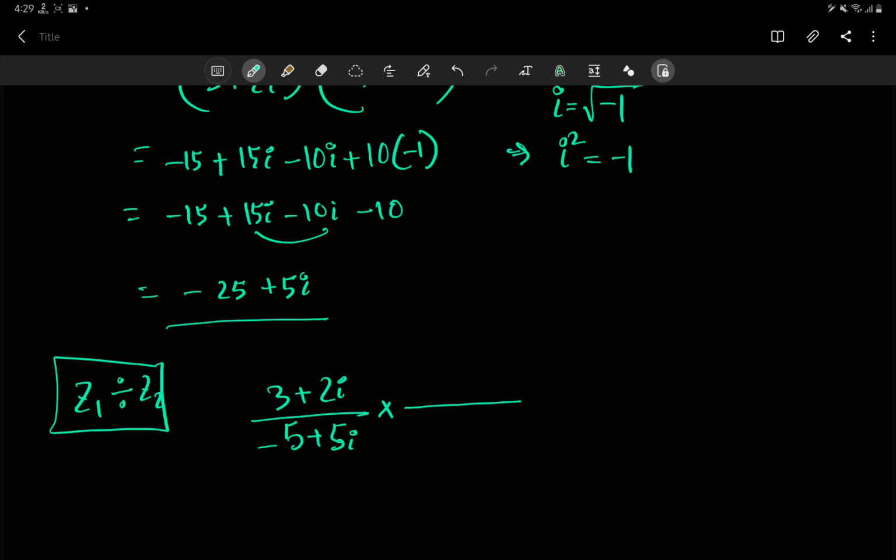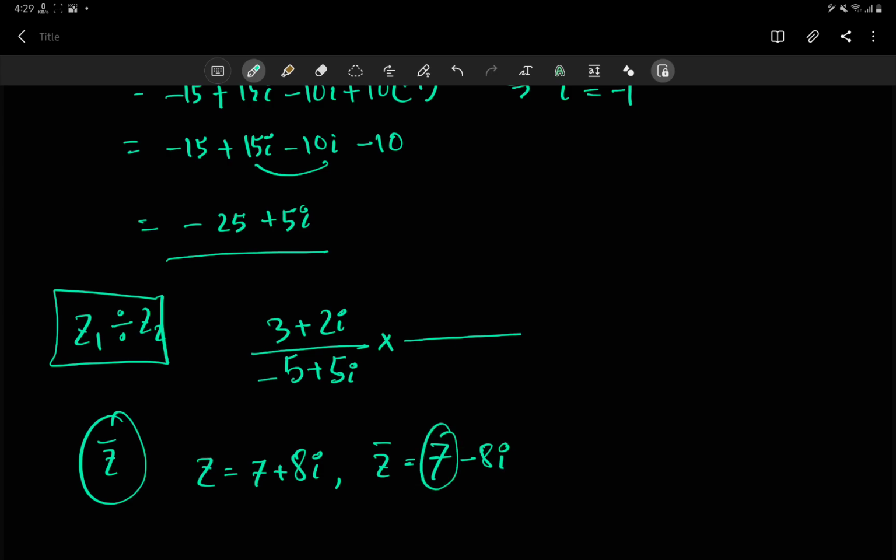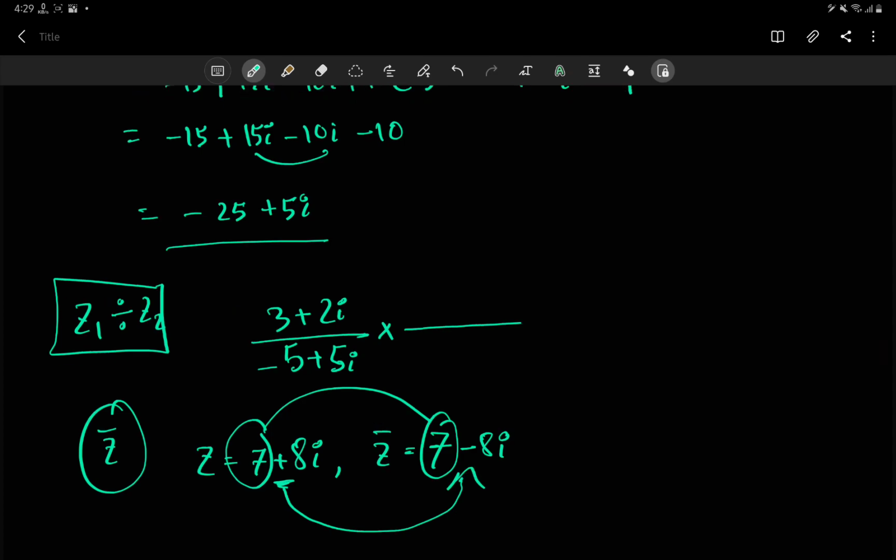So let's talk about the complex conjugate first. If we have a complex number, let's say 7 plus 8i, then its conjugate is 7 minus 8i. So notice the real part stays the same, but the sign in front of the imaginary part gets changed to minus.